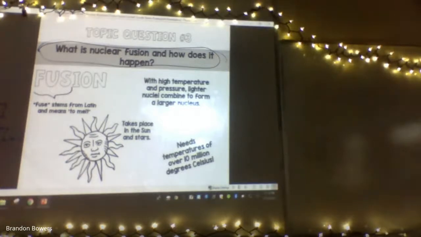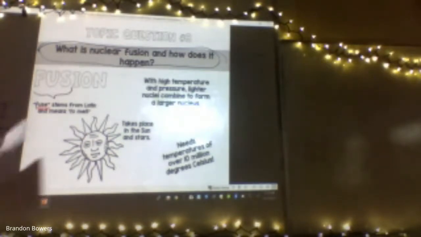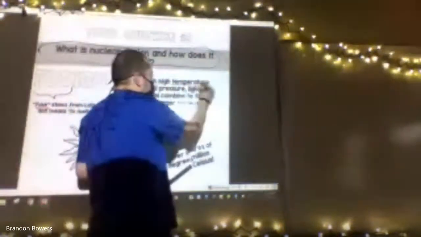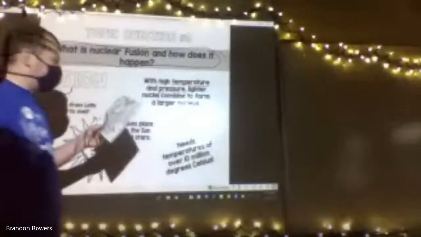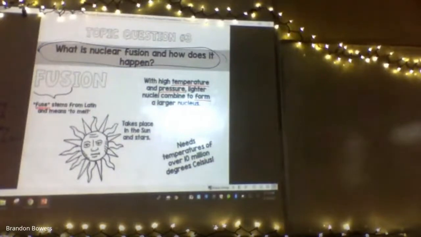So if we look on the side, I'm going to do the side one. Fuse, F-U-S-E, fuse stems from Latin and means to melt. All right, melt. With high temperature and pressure, lighter nuclei combine to form a larger nucleus.